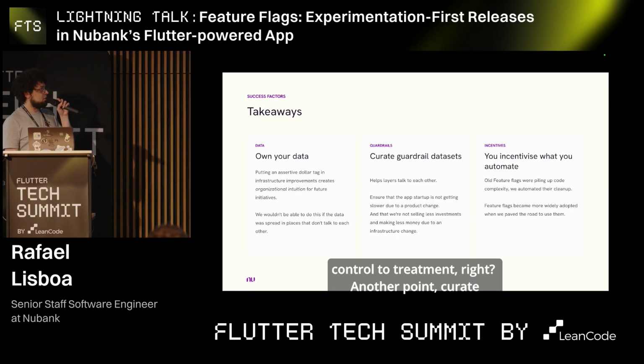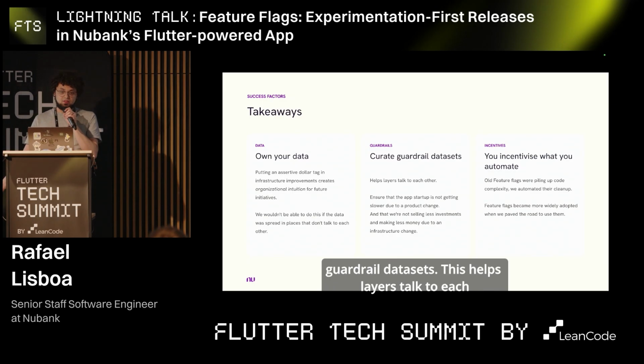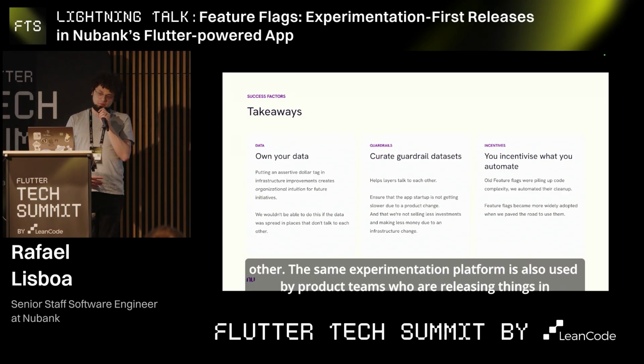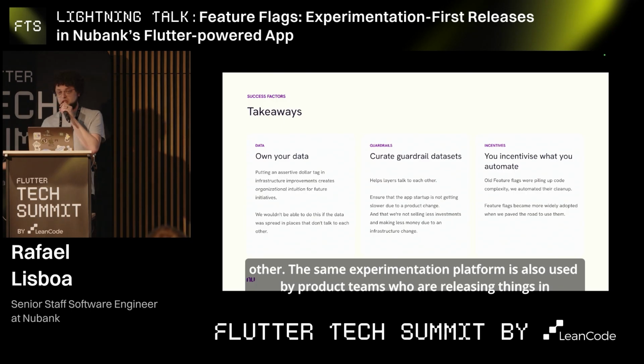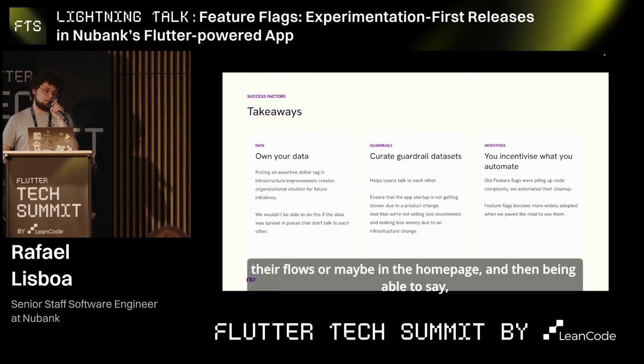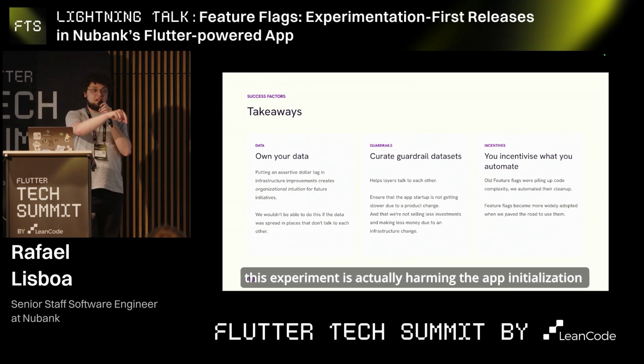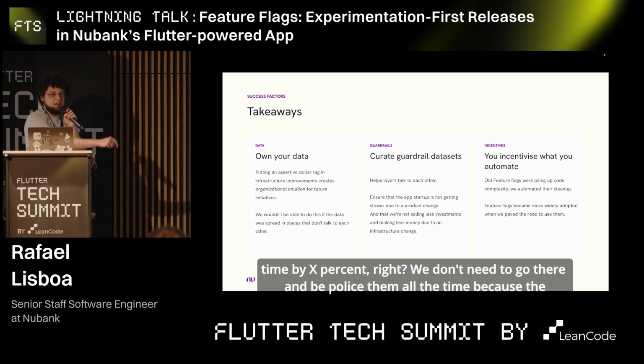Another point, curate guardrail data sets. This helps layers talk to each other. The same experimentation platform is also used by product teams who are releasing things in their flows or maybe in the homepage, and then being able to say this experiment is actually harming the app initialization time by X%, right?